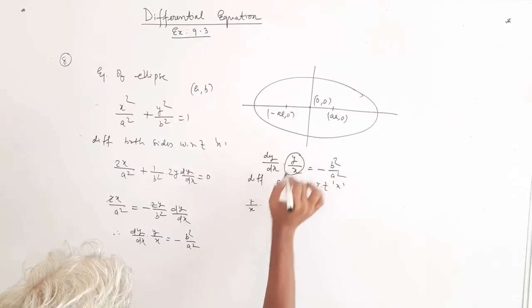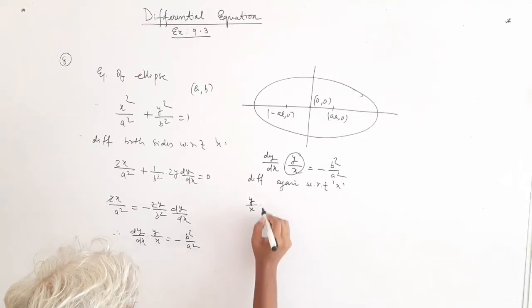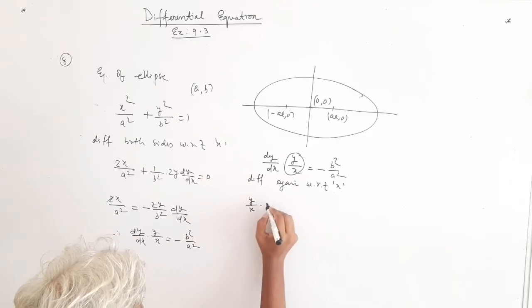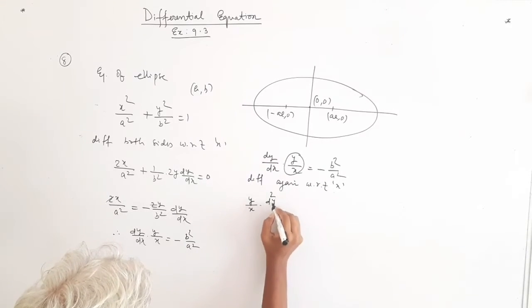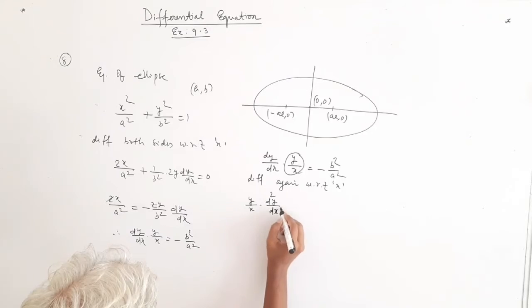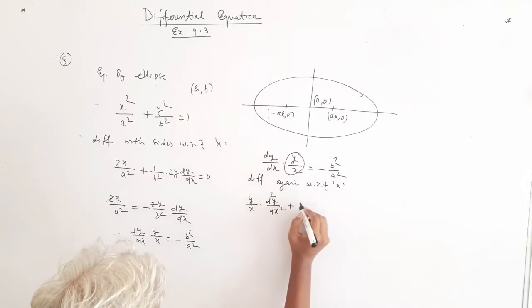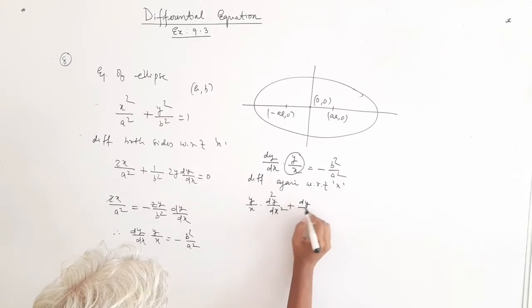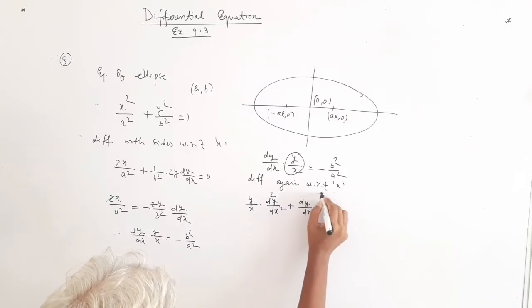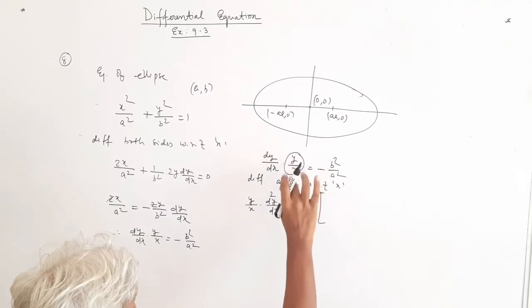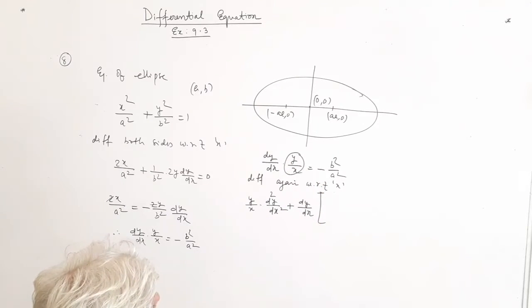Suppose this is u, this is constant, I'm not changing anything, and I differentiate this one. That is, differentiation of dy by dx is d square y over dx square, plus dy by dx, this time unchanged, dy by dx. Now I differentiate this y by x, but you keep this in your head, when differentiating y by x, again we have the u by v rule.